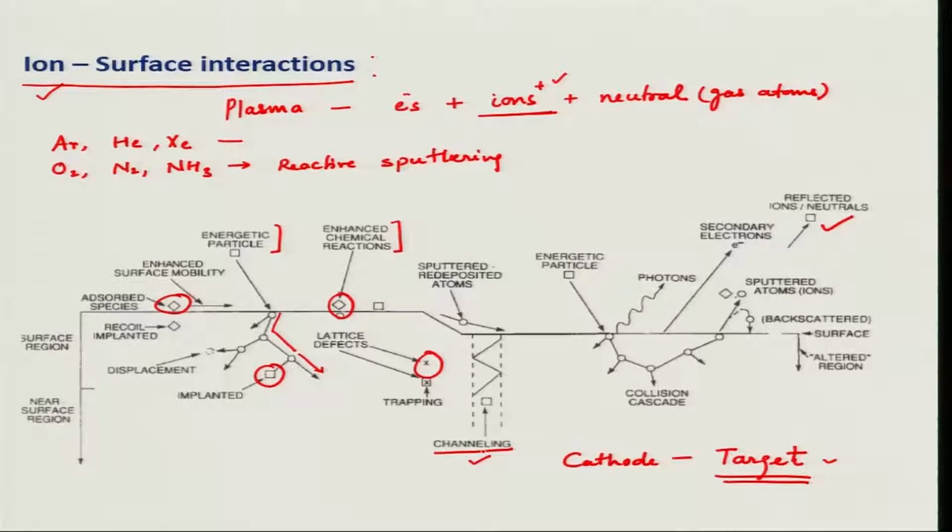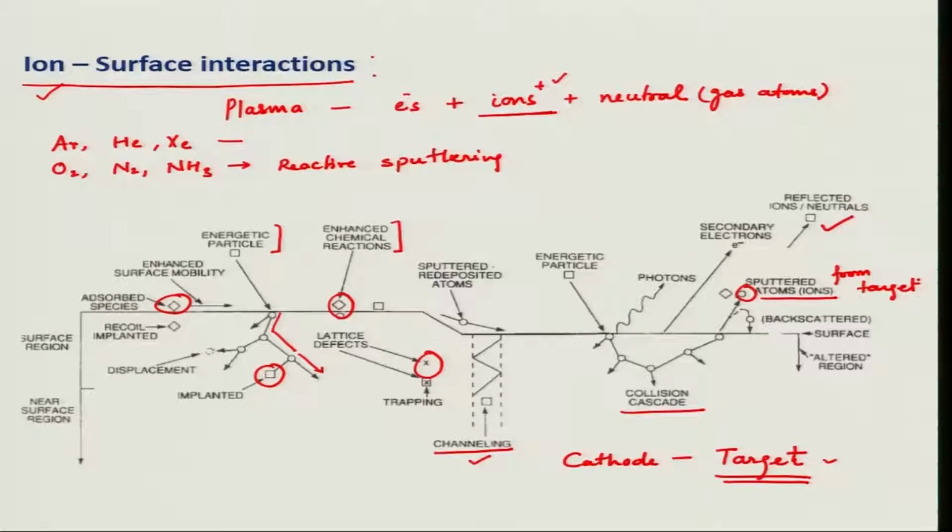Now the process we are interested in is called sputtering, in which, through a cascade of collisions, these ions will result in sputtering of the atoms or ions from the target. So it is the target material that we want to deposit as thin film.